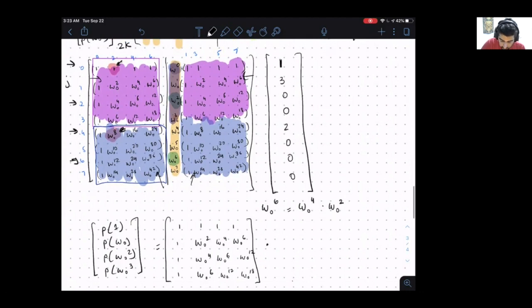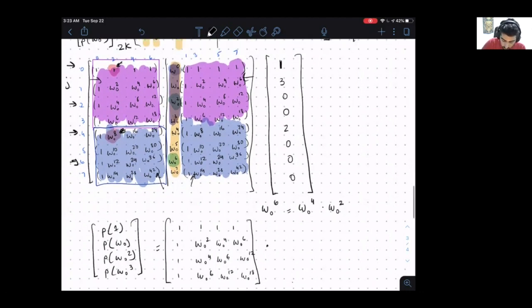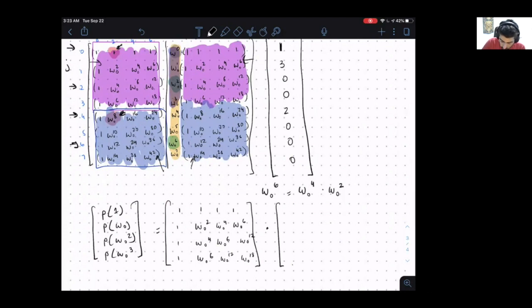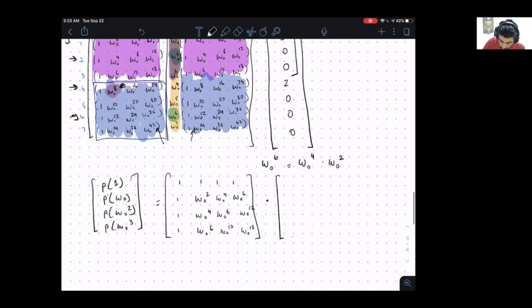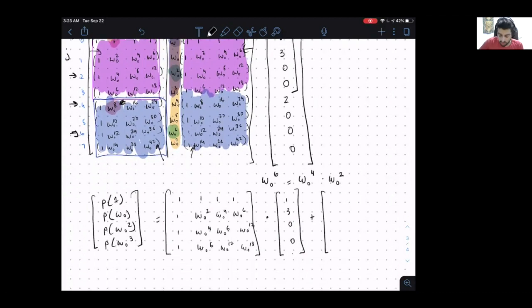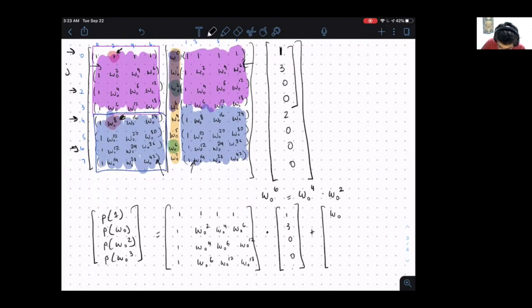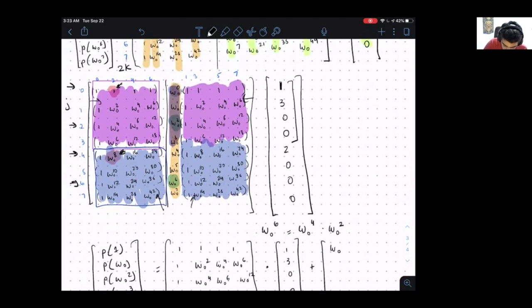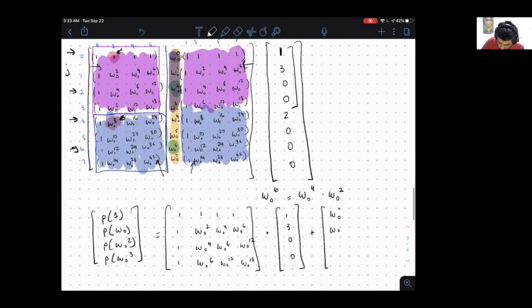This matrix times this top half of the vector that we're multiplying our coefficients with. So in particular, it's going to be equal to this top half of this vector, these terms over here, 1, 3, 0, 0, plus this vector of coefficients, omega naught to the 0, omega naught to the 1, omega naught squared, omega naught cubed, pairwise multiplied by, and I'm using this x here as the symbol for pairwise multiplication.